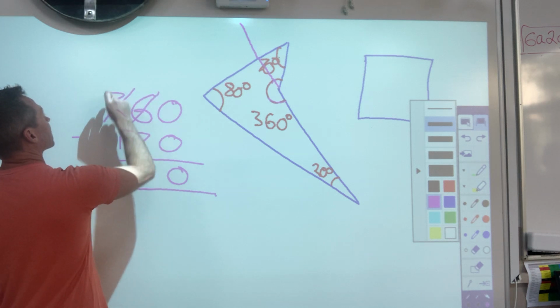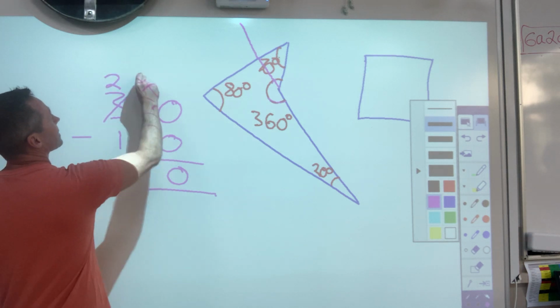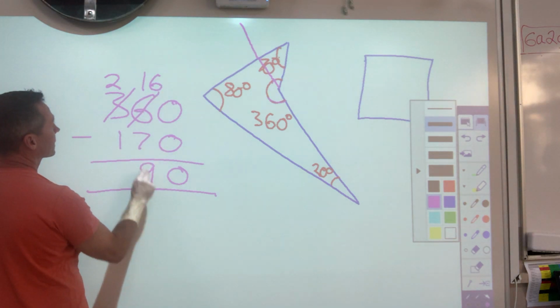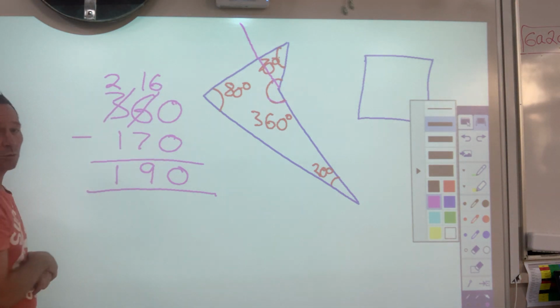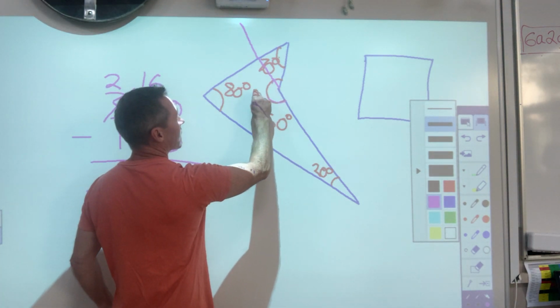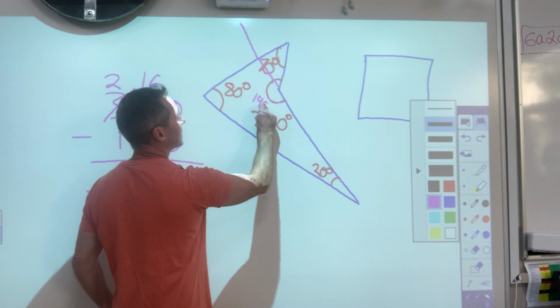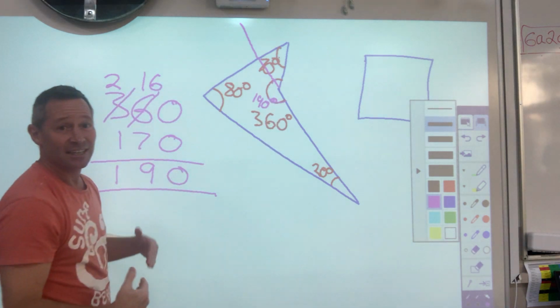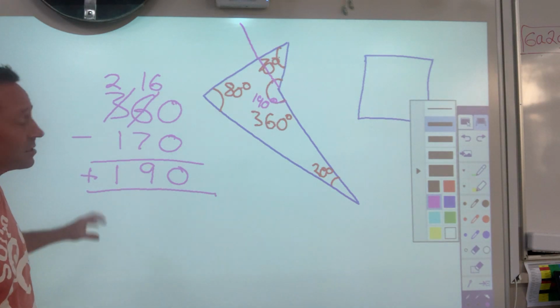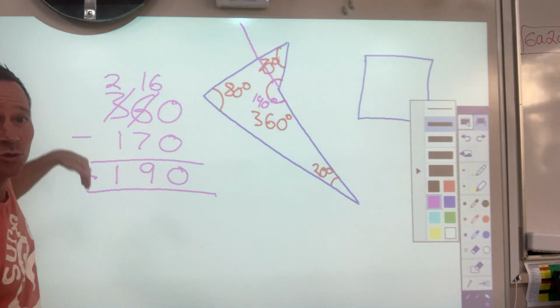Take one, this becomes 2. Replace that with 16 tens. 16 minus 7 leaves 9. 2 minus 1, 1. So this tells me this angle here would be 190 degrees.